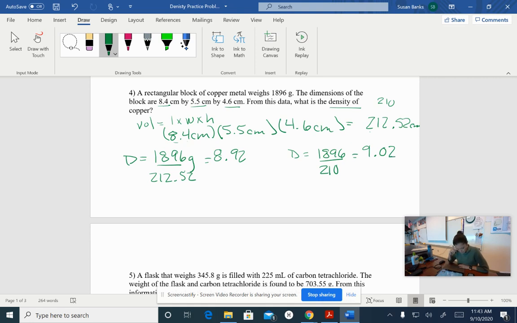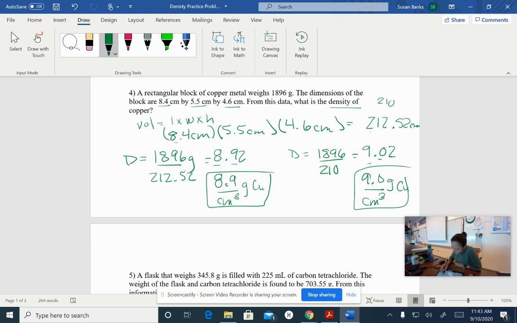So if I round to 2 digits here, I would call this 8.9 grams per centimeter cubed on the copper. And if I did this with the rounded volume to 2 digits, I would call this 9.0 grams per centimeter cubed on the copper.